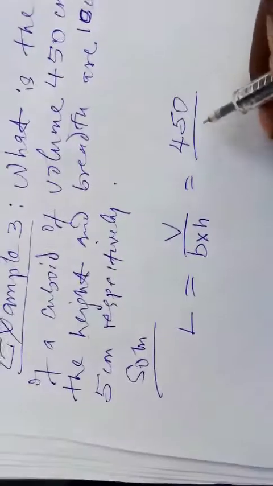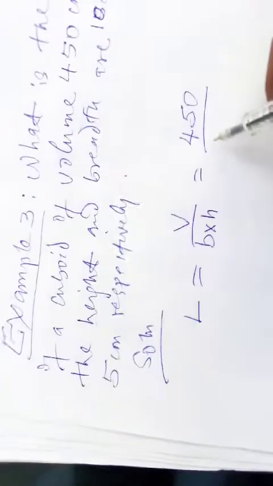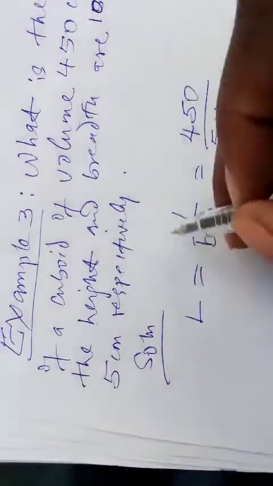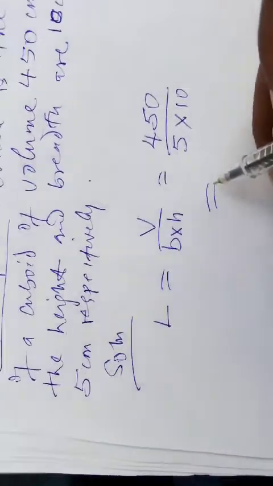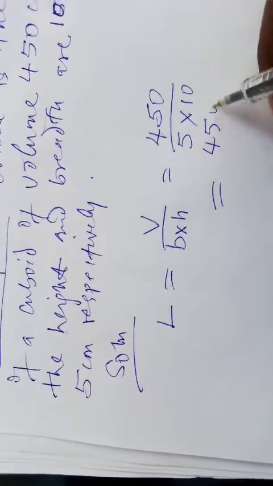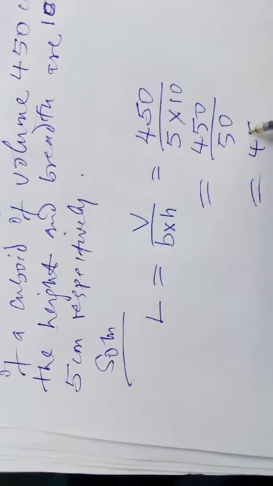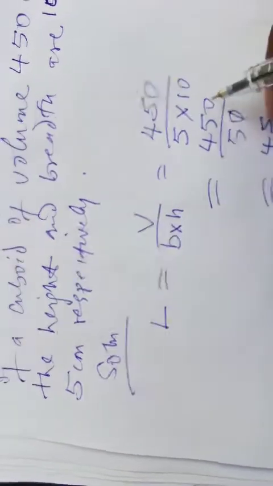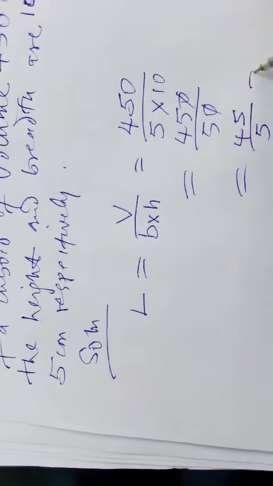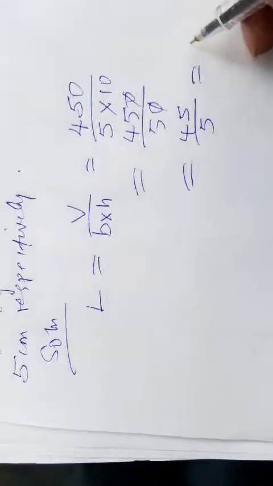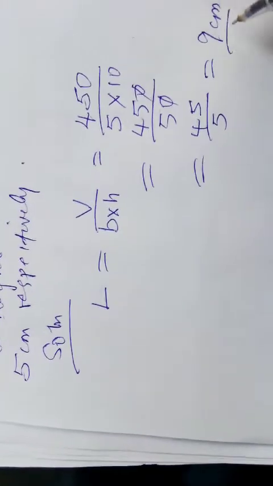The volume is 450, the breadth is 5 cm and the height is 10 cm. So that gives us 450 divided by 50, which is 45 over 5 after cancelling the 0. So that will give us 45 divided by 5, that's 9 cm.